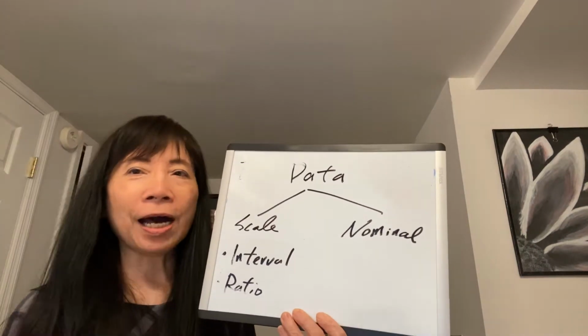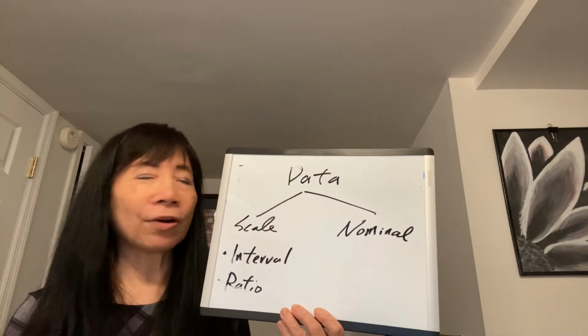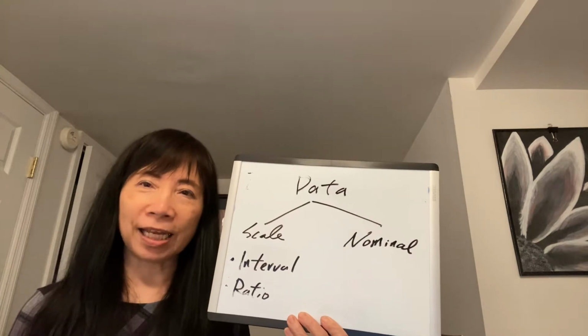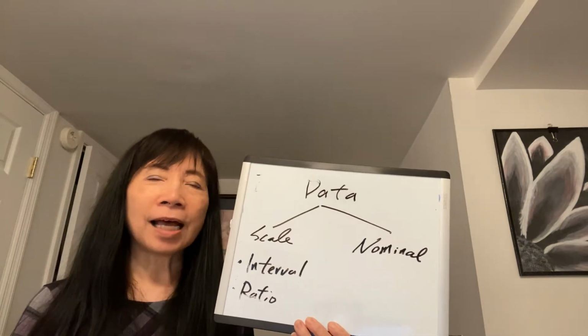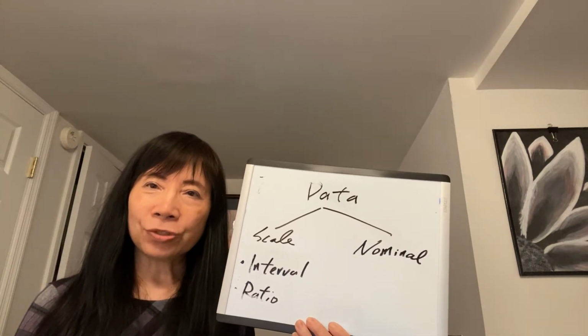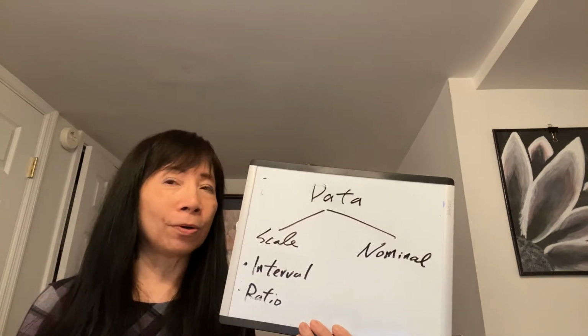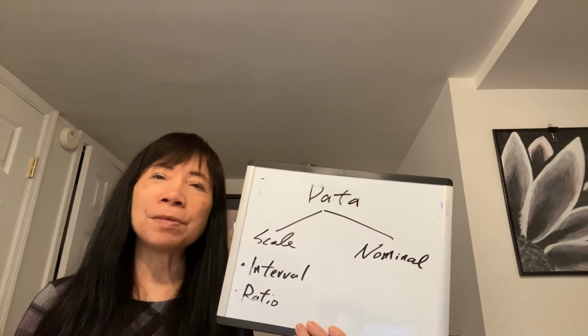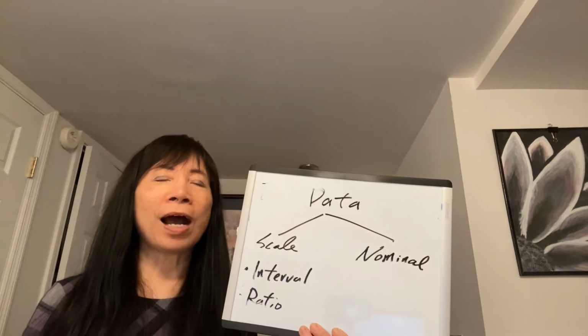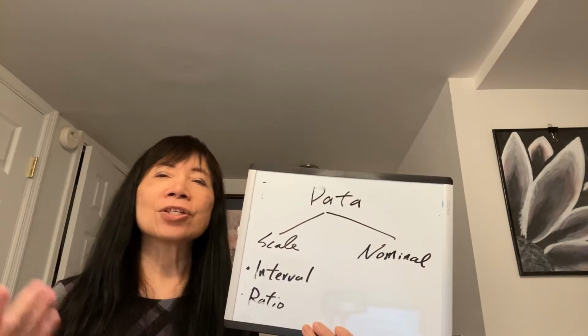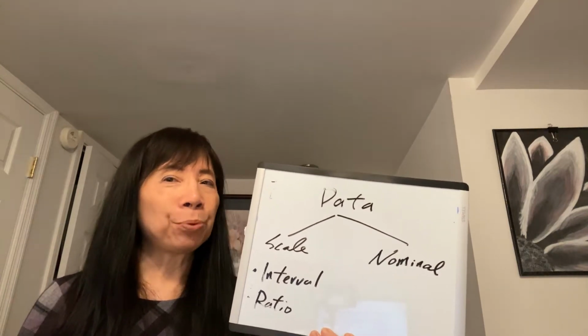But you can also collect nominal data, like in a lot of your research, maybe you ask people true or false, yes or no, or what kind of social media they prefer.